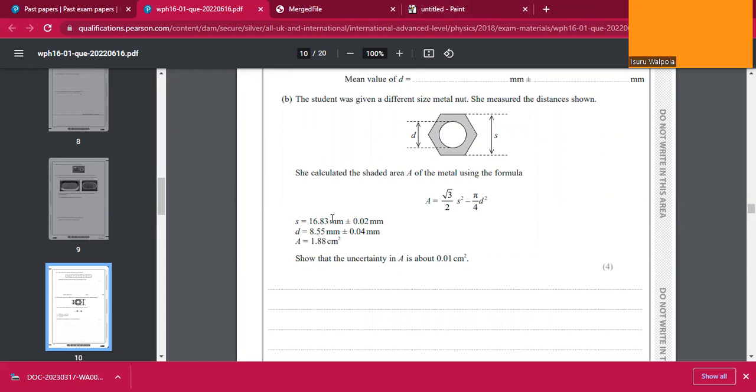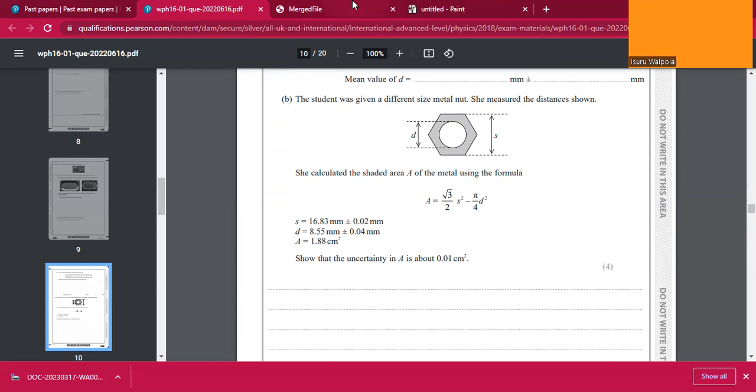That's your percentage uncertainty of S. And you multiply that by 2 to get the percentage uncertainty of S square. But ultimately, we have to convert that percentage uncertainty back into an uncertainty. You will do that by taking that percentage uncertainty of S squared and multiplying that into the main value of S squared.